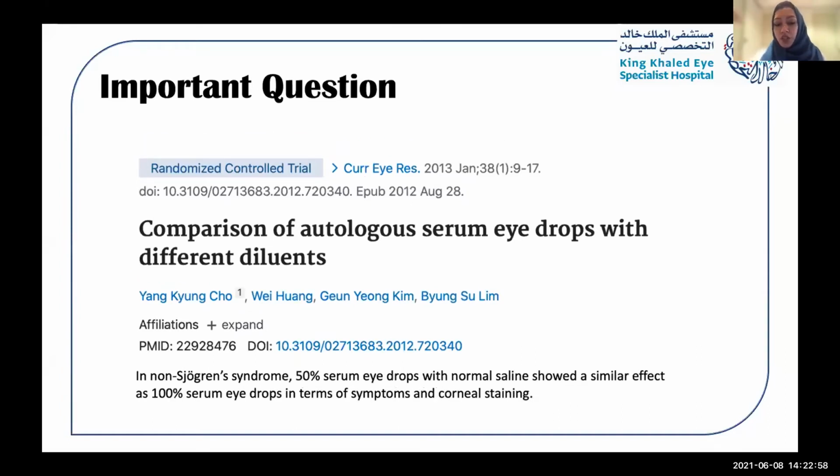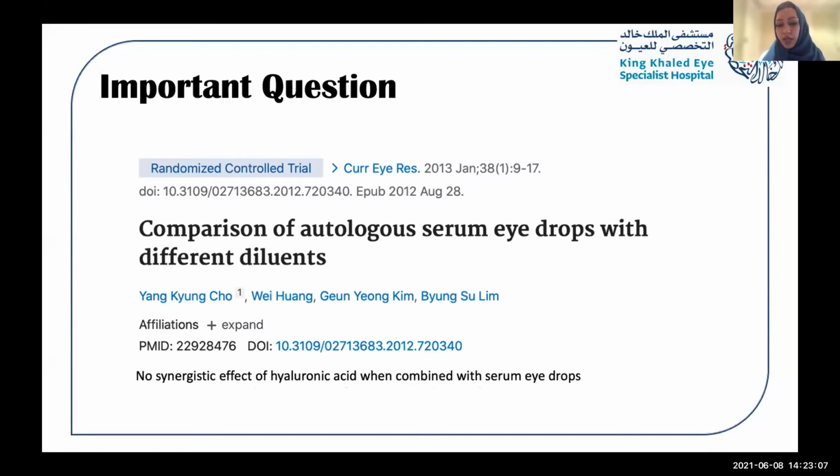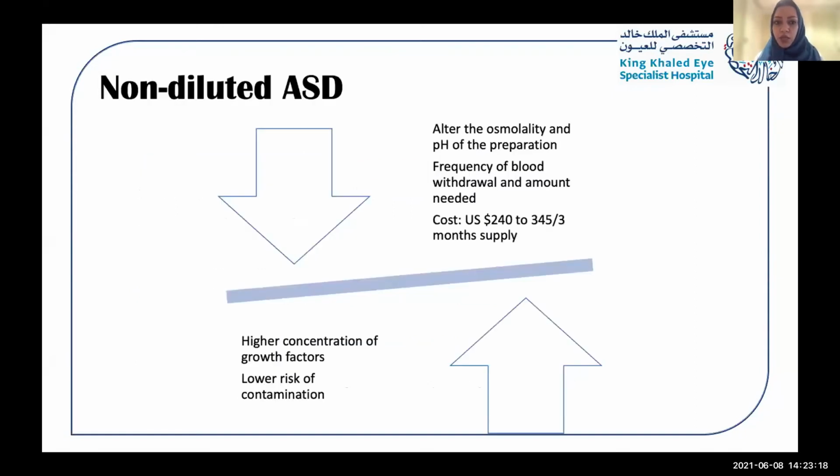So in non-Sjogren syndrome, 50% serum drops with normal saline showed a similar effect to 100% serum in terms of symptoms and corneal staining. And they did not find any synergistic effect for the hyaluronic acid when combined with the serum eye drops, although there are other studies reporting otherwise.